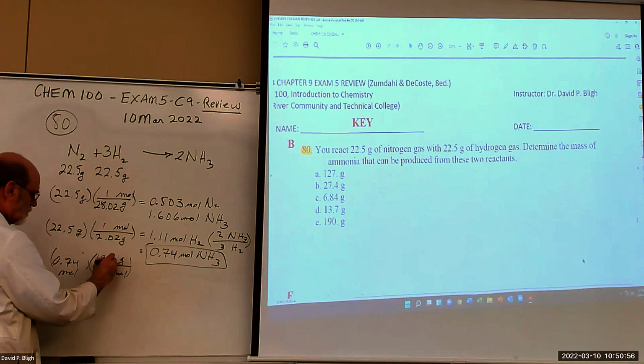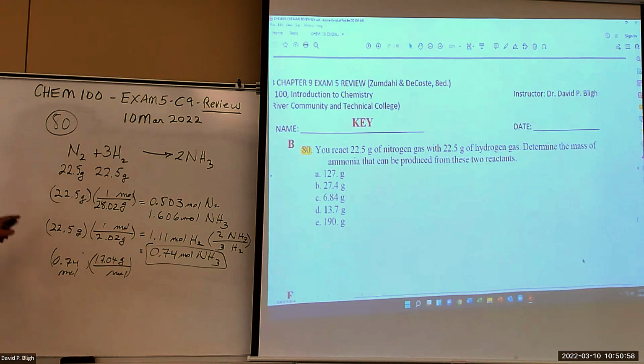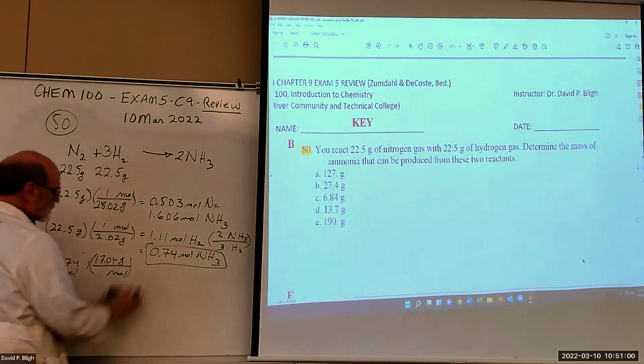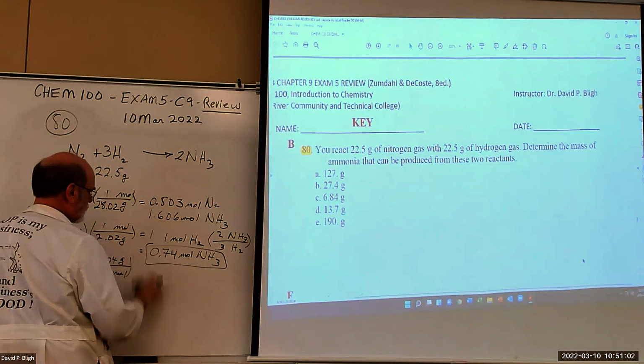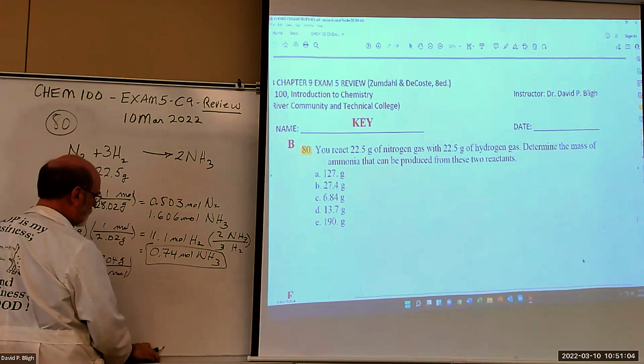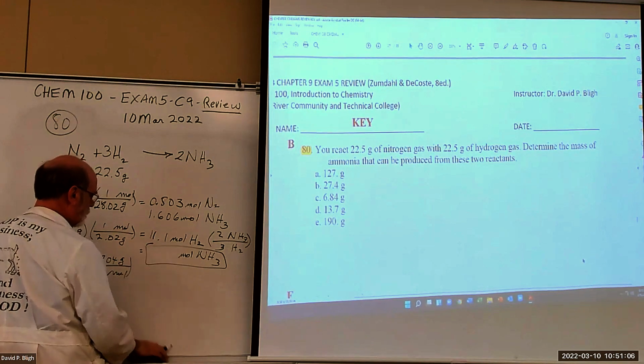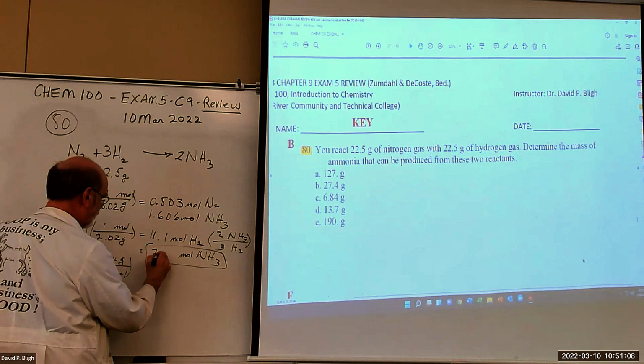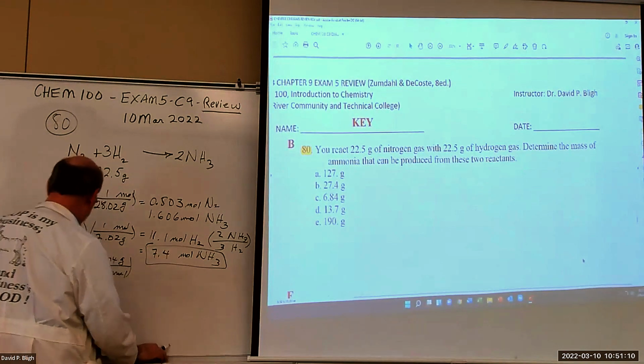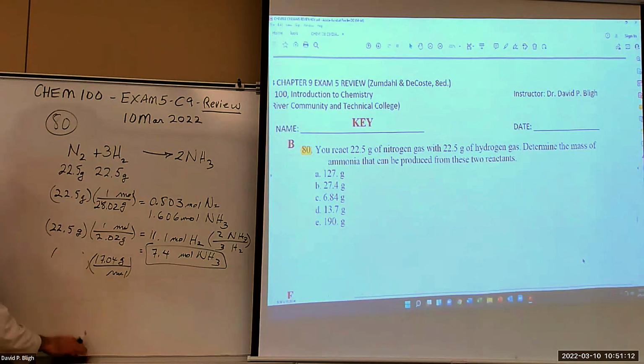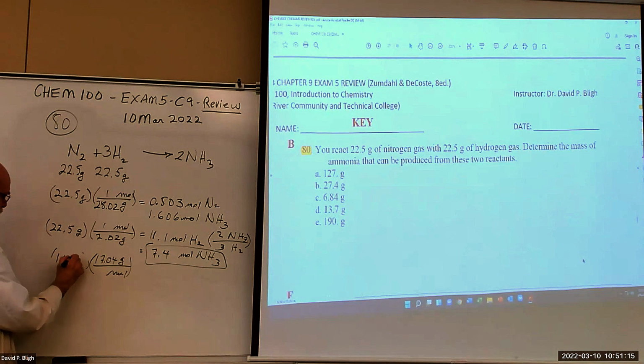If you have your 11, the 1.11 is supposed to be 11.14. You're exactly right. Okay, so back to the drawing board. 1.606 is the limiting one.